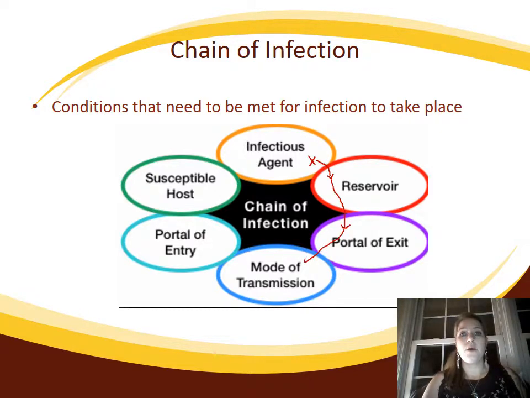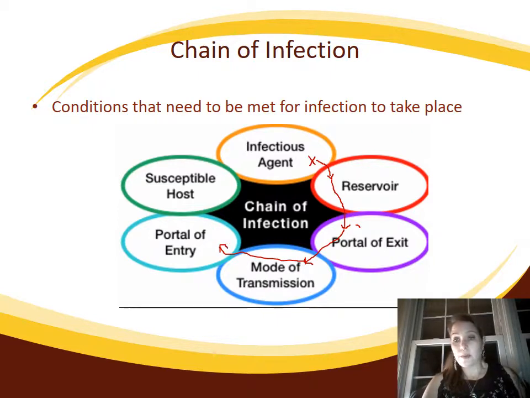The mode of transmission, so if the portal of exit was how it left, let's say through the mouth, that mode of transmission could be droplet sprays from the mouth. It could be sputum from the mouth. It could be cough that causes a droplet spray from the mouth. Then there has to be a portal of entry somewhere else.